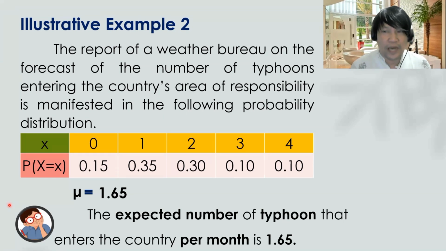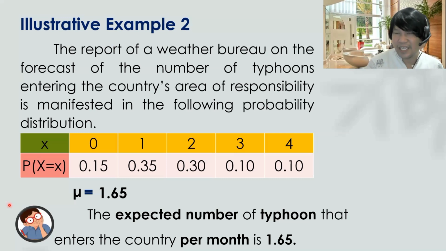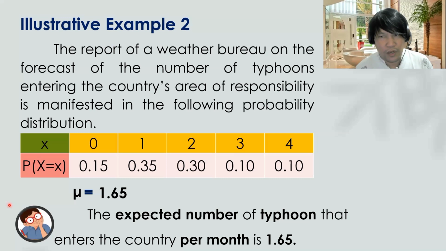But since we are talking about countable typhoons, therefore, the expected number of typhoons that enter the country per month is approximately equal to 2. Okay, more or less. It can be 1, it can be 2.